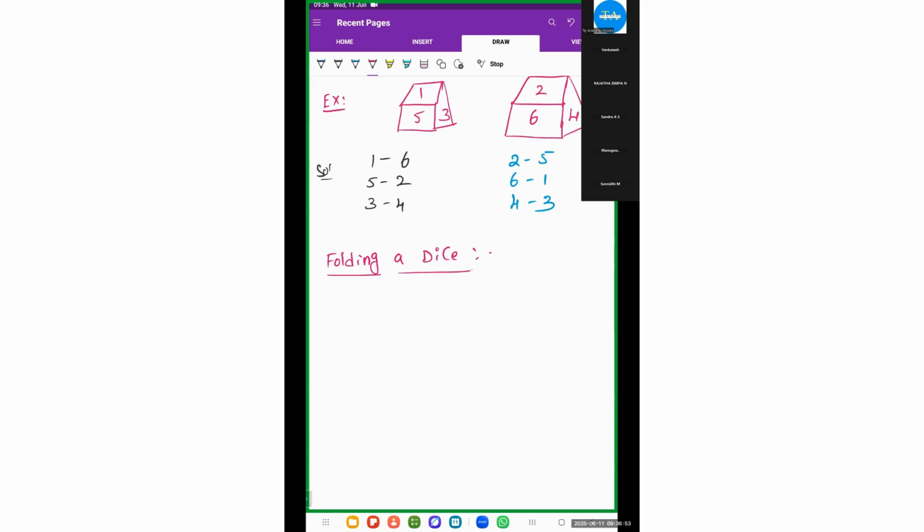If the die is unfolded, there are different ways. In the folding of the die, there are two majorly important things.